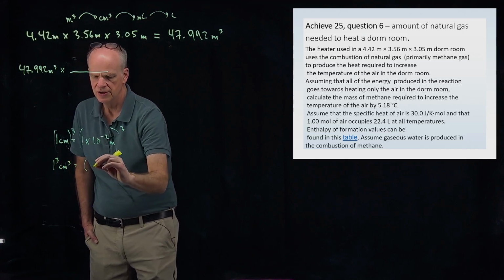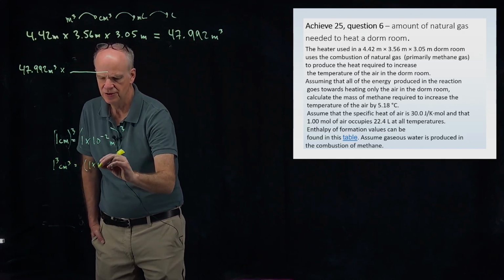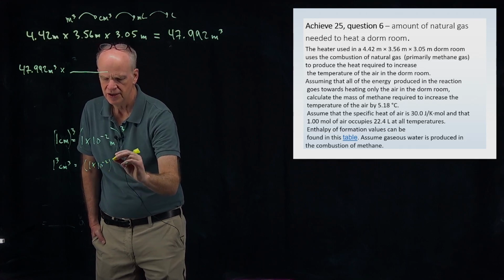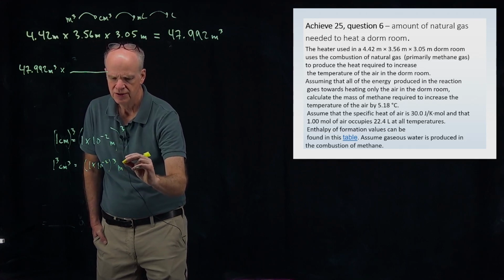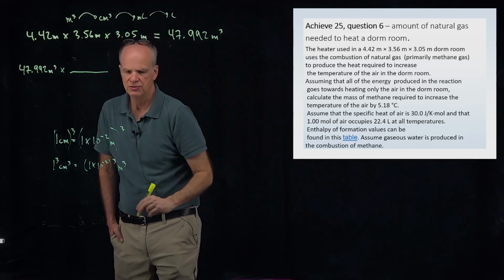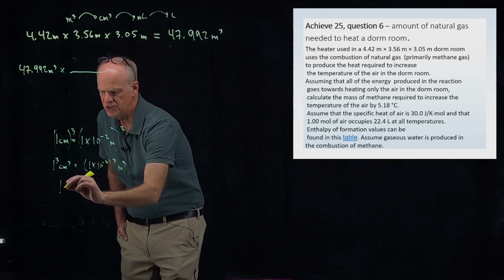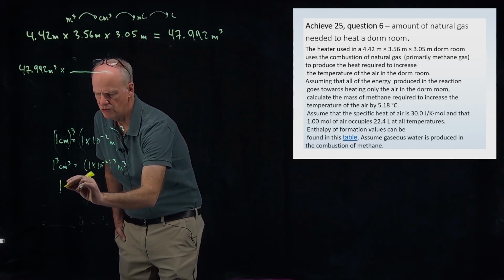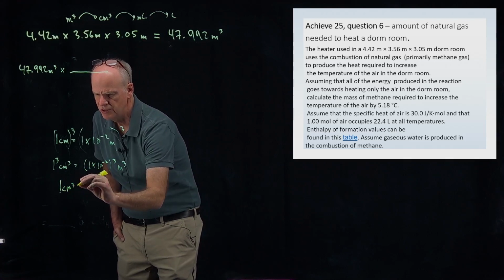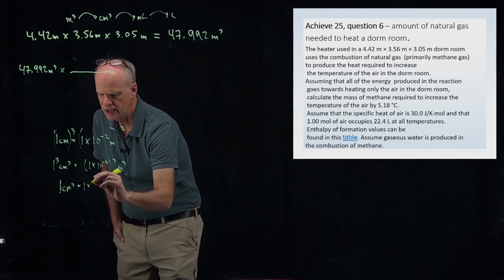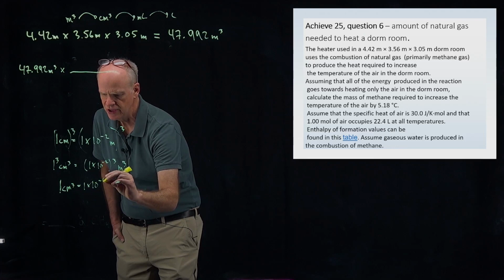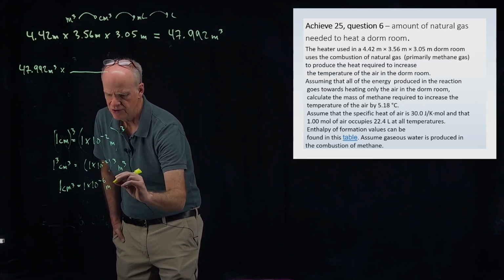And then on the right side, it's cubing the number and cubing the unit, like that. So here, the equality is going to be 1 centimeters cubed is equal to 1 times 10 to the negative 6 meters cubed.